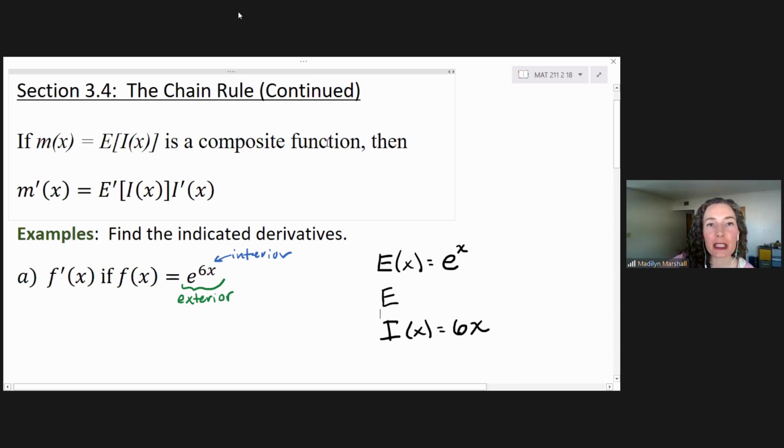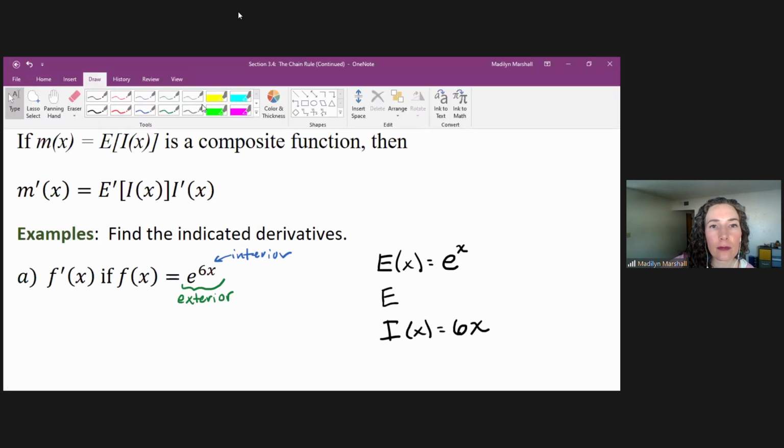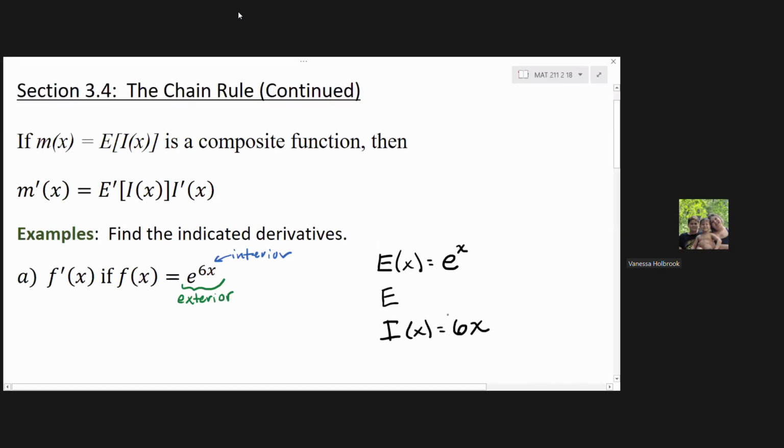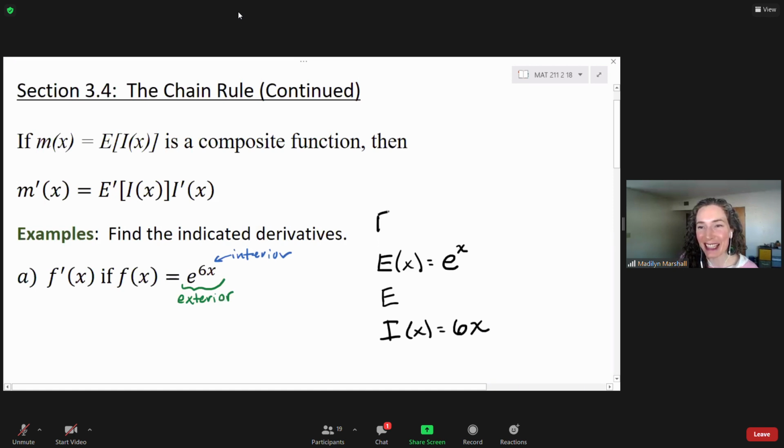let me rewrite one thing. So remember that this is the exterior. This whole function itself is a composition.